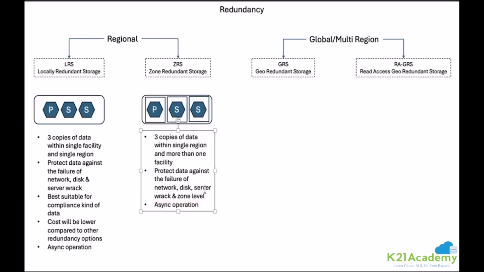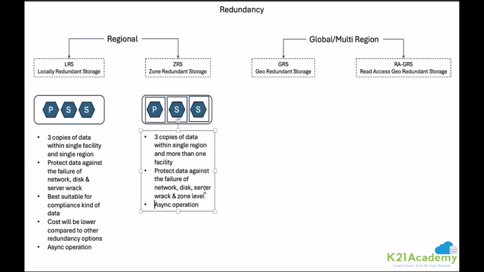The good thing is that the asynchronous operation will be there because it is still in the same region. So the copy will be asynchronous, and the operation will make sure that the copy is updated and you will be able to restore your data in case any outage occurs.